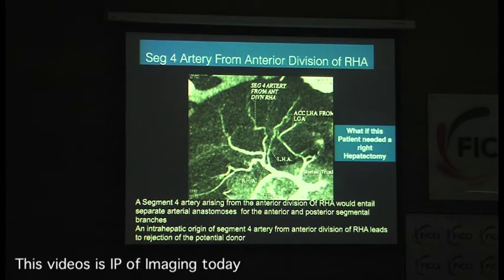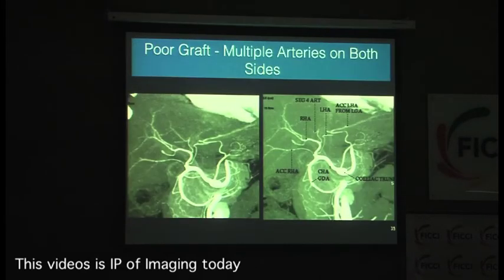So in these patients, suppose you have a tumor and this patient needs a right hepatectomy. So again you have to tell the surgeon, cut distal to this and save this artery, or you are going to have issues with the remnant. So this is just to show you that liver anatomy is not just right hepatic artery, left hepatic artery.